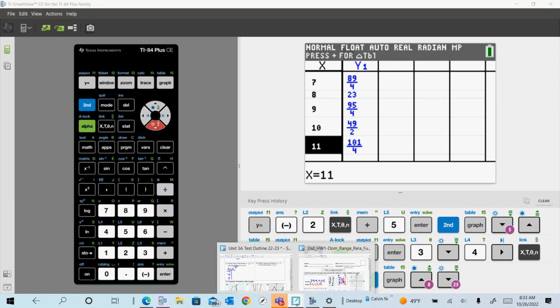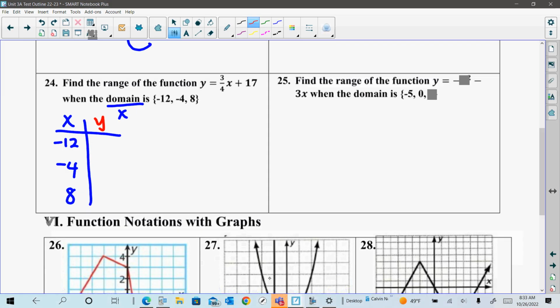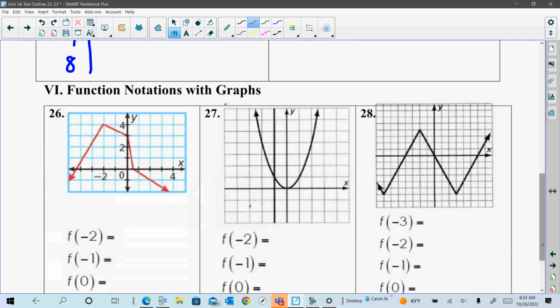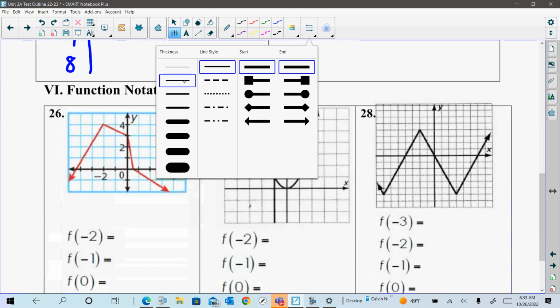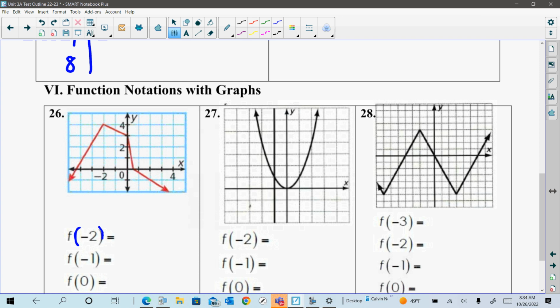All right. So I'm also going to ask you to find values using function notation with a graph. So remember, what's inside of the parentheses here represents your x.